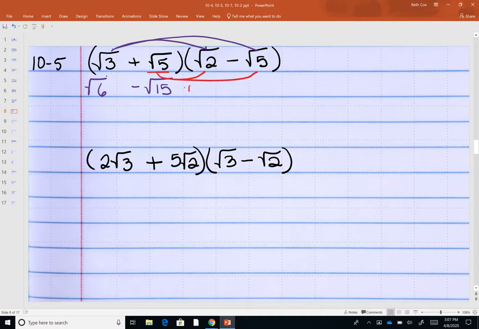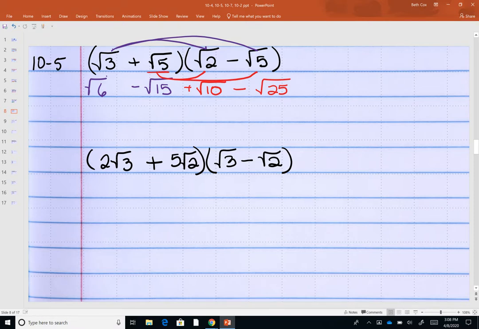So then that's going to give me plus square root of 10 and minus the square root of 25. That's my FOIL, or however you want to call it, but that's my multiplication. Multiplied them all out, and now I'm going to simplify.